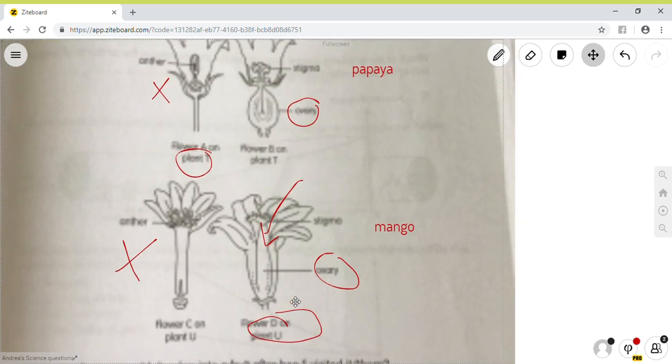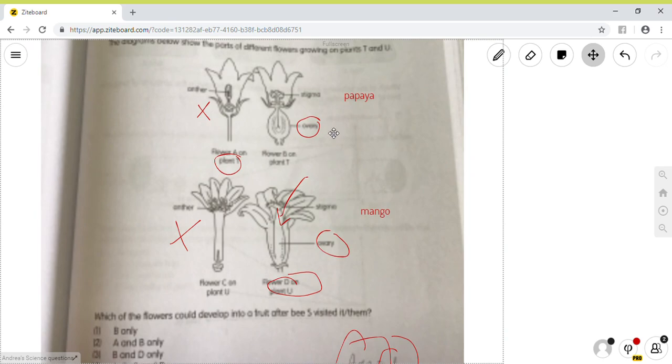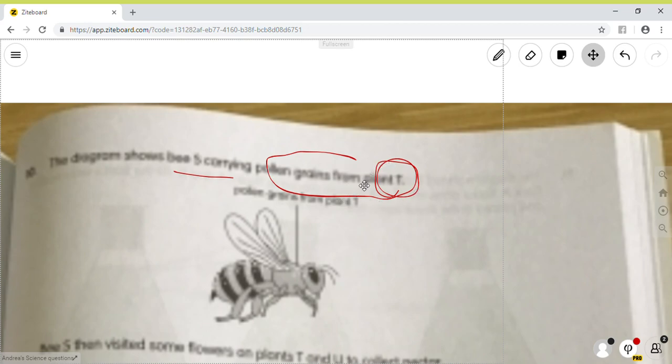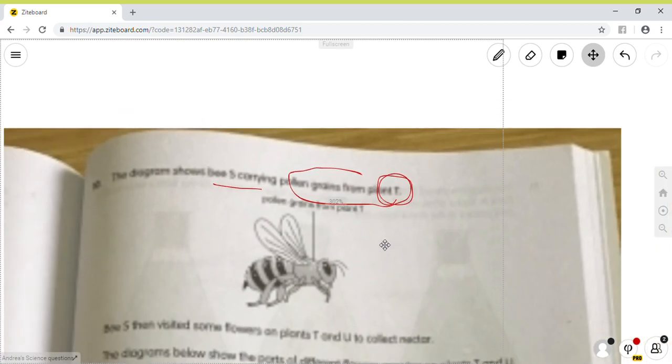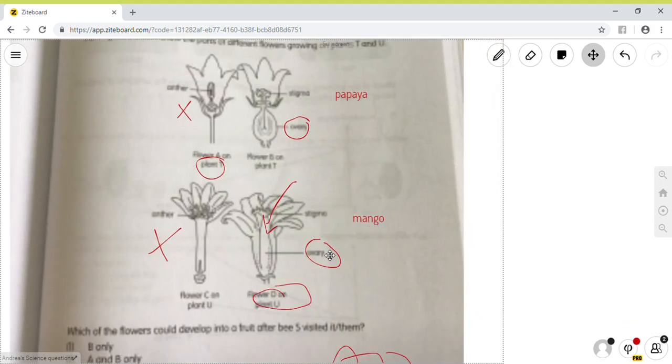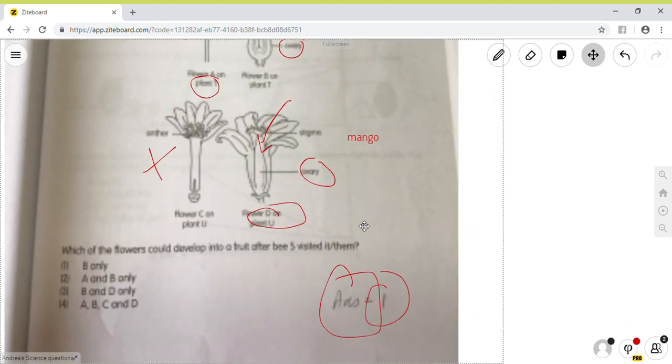Both of them have ovary, so they can turn into a fruit. Oh, so it's different type of plant. So I was reading, then because it's only pollen grain from T, it cannot pollinate this. So the answer is B. I mean, yeah, 1. Only B can be pollinated.